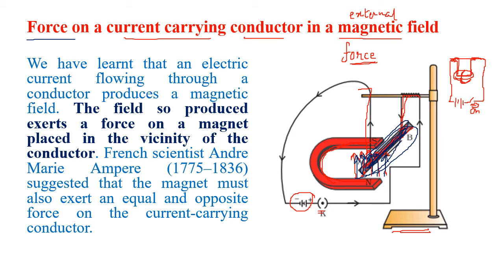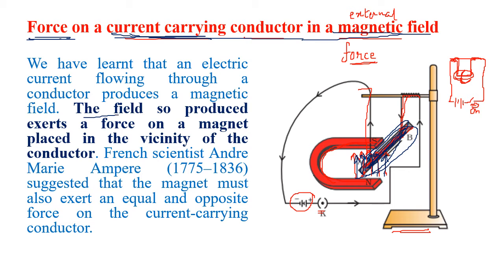So there is a force on a current carrying conductor only when it is placed in a magnetic field. So a current carrying conductor when placed in a magnetic field experiences a force.